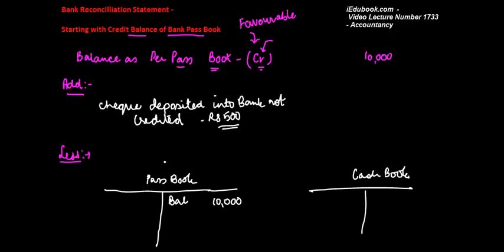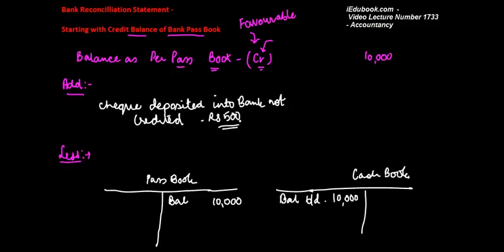Now ideally, if this balance is 10,000 in a normal world, the balance as per the cash book should also be 10,000, right? But you are told that there is one check deposited into bank which has not been credited.